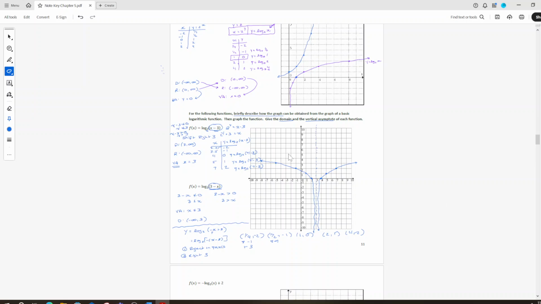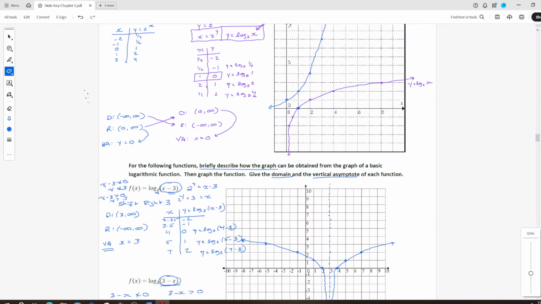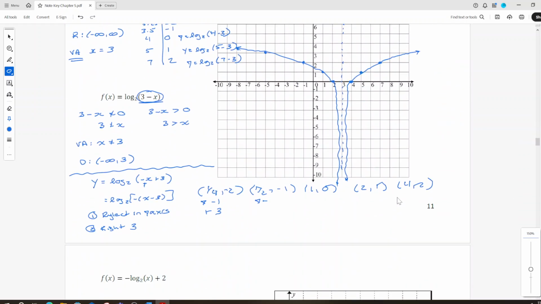This is writing horribly. Let me just zoom in. Times by -1, add 3, times by -1, add 3, times by -1, add 3, and times by -1 and add 3. Oof, so that's going to be -0.25 plus 3. So this one's going to be at (2.75, -2).